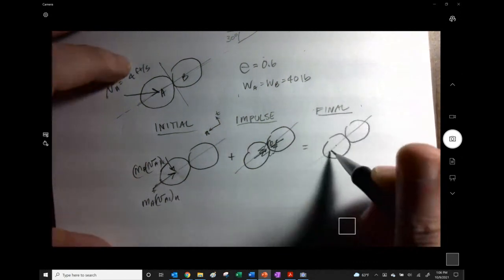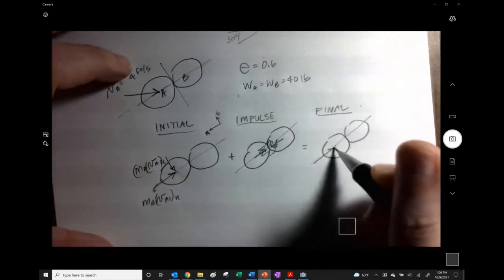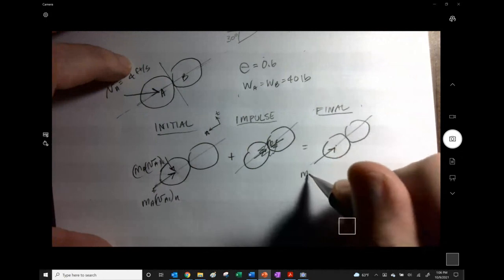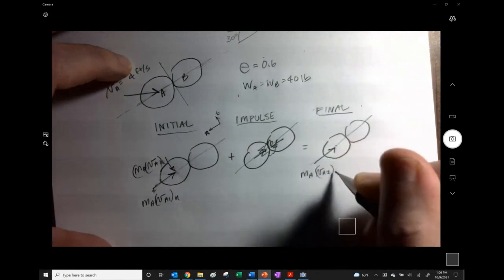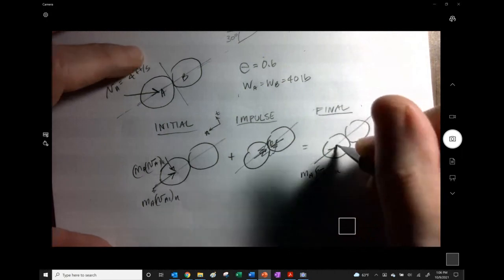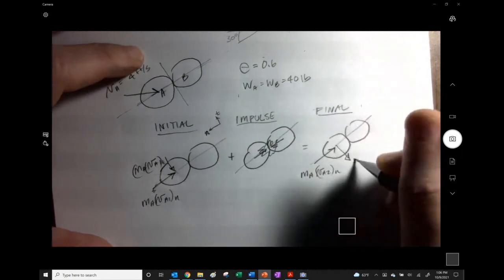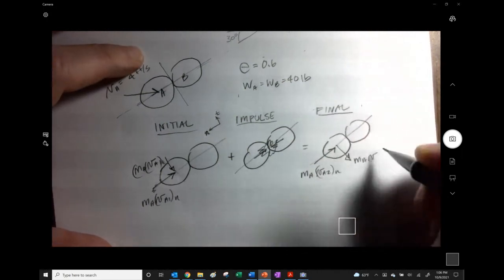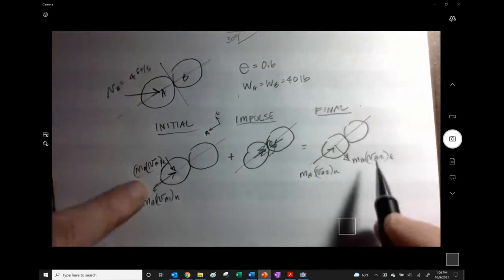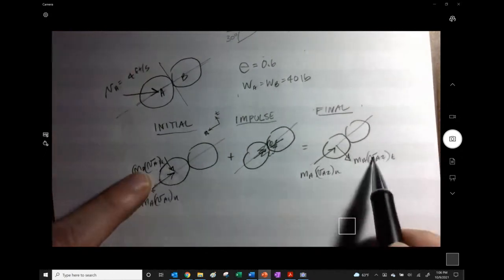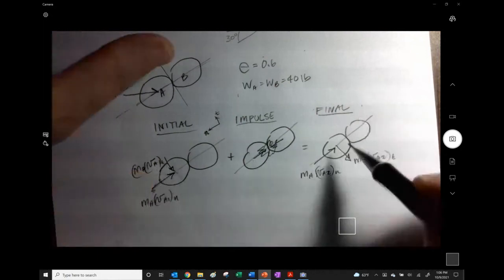Coming out this way, I'm going to assume it's going to keep on going, MA VA2 in the normal direction. I already know that MA VA2 in the tangential direction is going to be the same as this, right? Nothing changes in the tangential direction.